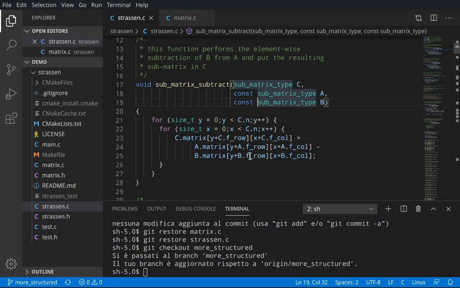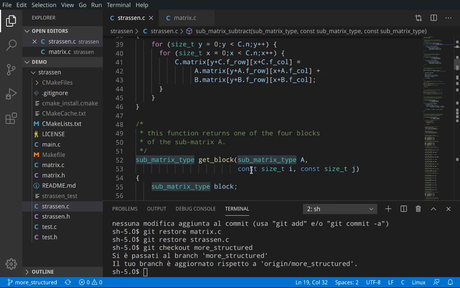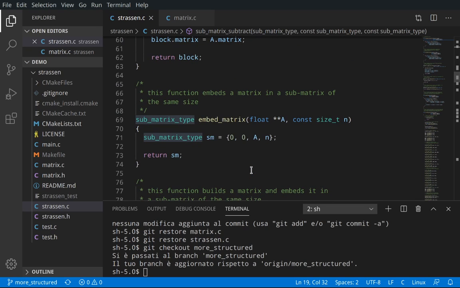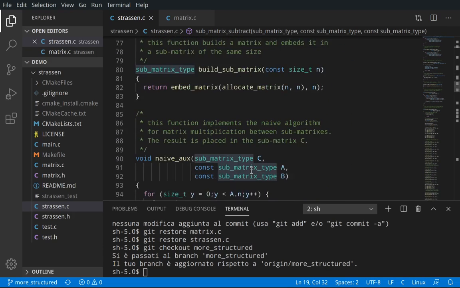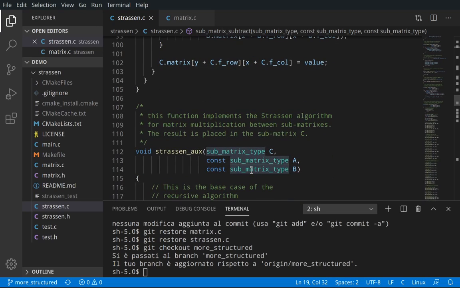Let's say, instead of remembering that I need to sum up the index Y to the first row of A and so on and so forth. Okay, and this is it. So if you were concerned about the parameter of the function that we implemented during the lesson, please have a look at this code.